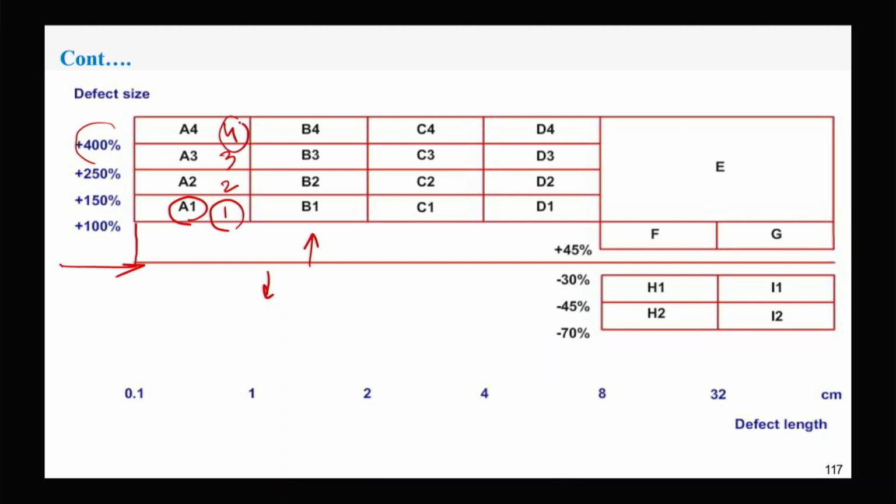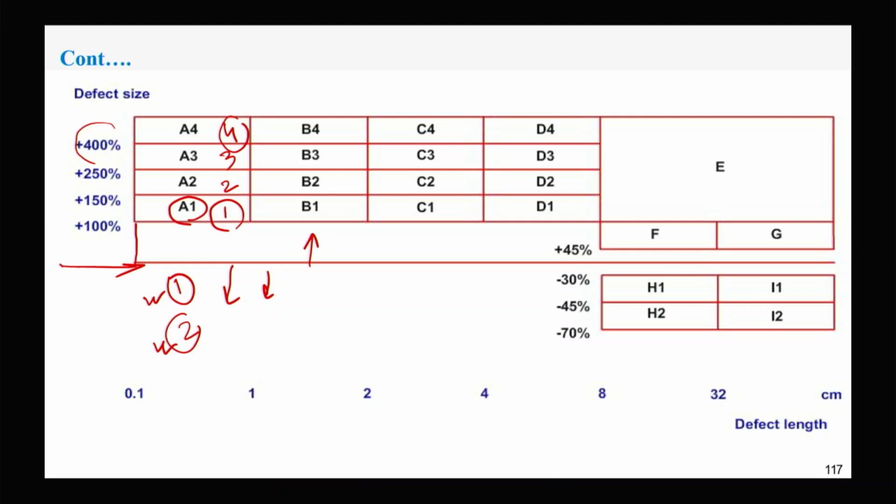Similarly, for the thinner side, level 1 means the thin portion between minus 30 to minus 45, and level 2 is minus 45 to minus 70. So level 2 is thinner than level 1.